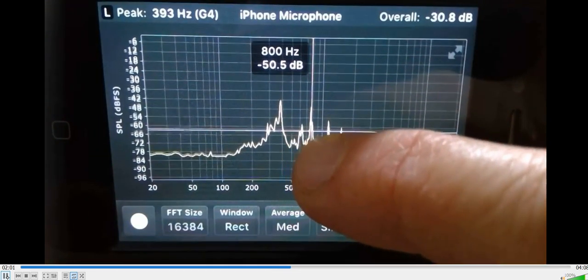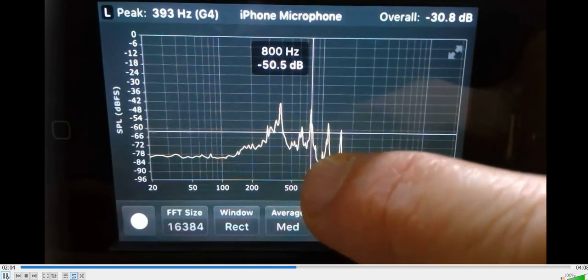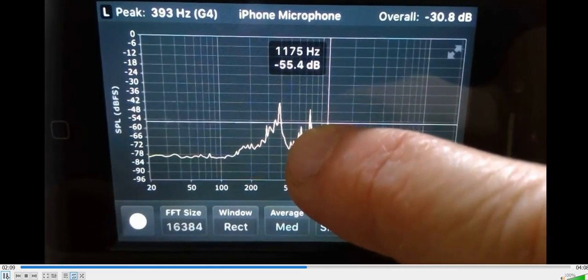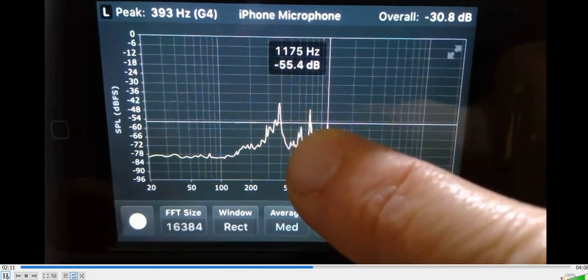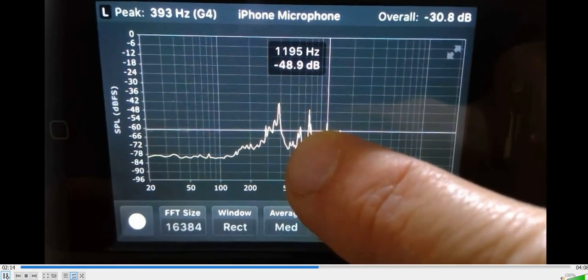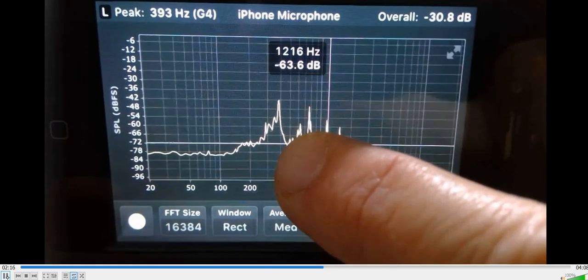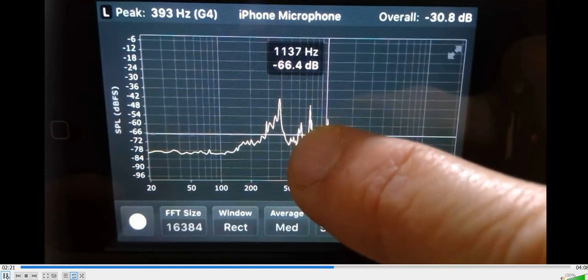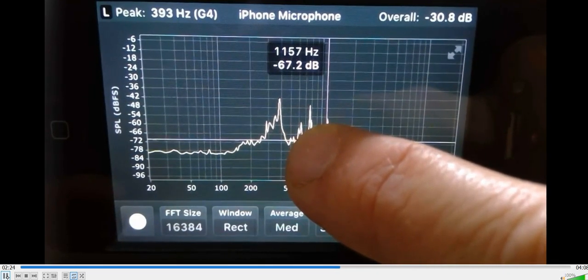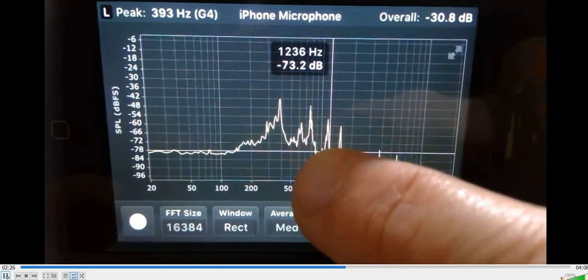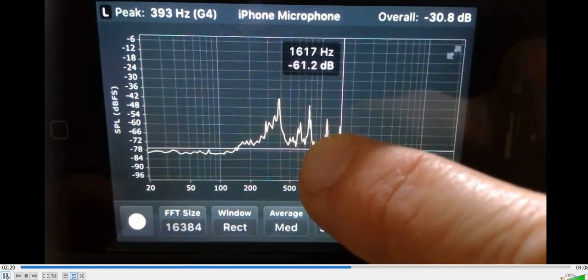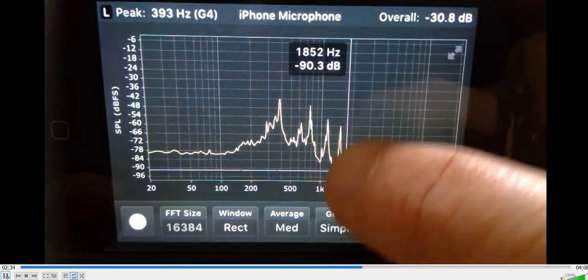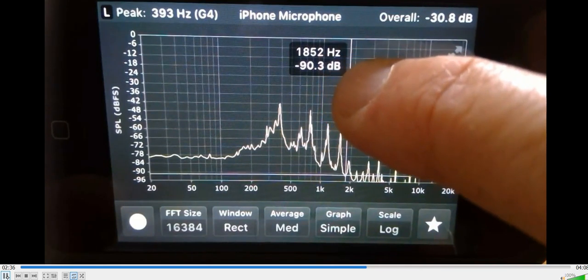And then the third harmonic should be at about 3 times that frequency, about 1170, and then we can go to 4 times that, around 1560, and 5 times that.